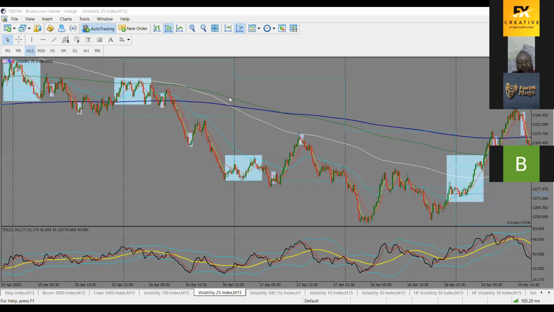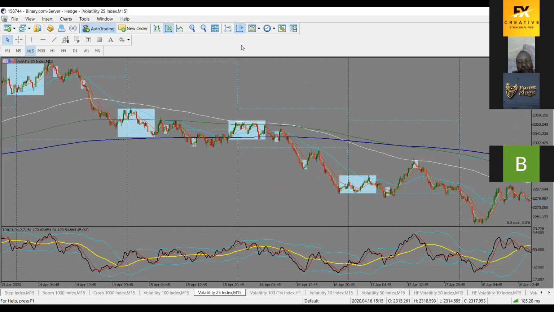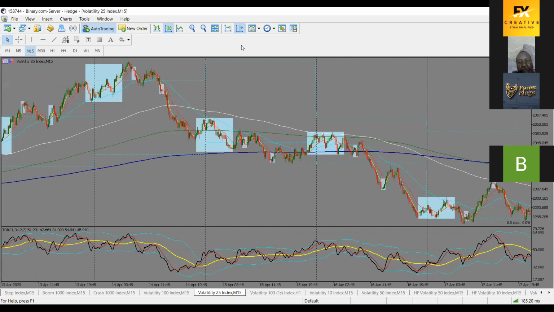The other thing, guys, when we say London pattern, we are not saying that you should trade only during the London session. These patterns can also appear during New York and during Asian, but they are called London patterns. It doesn't mean that they are only traded during the London session.